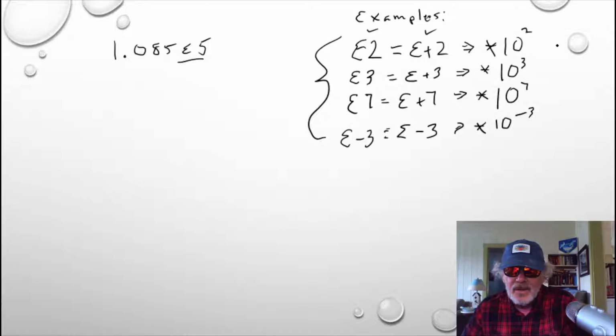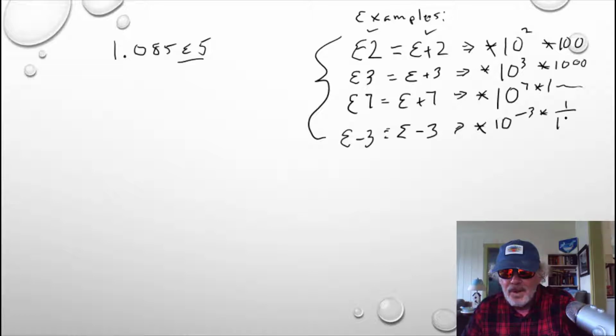Multiplying by 10 to the second is the same thing as multiplying by 100. Multiplying by 10 to the third is the same as multiplying by 1 followed by 3 zeros. Multiplying by 10 to the seventh is the same as multiplying by 1 followed by 7 zeros. And multiplying by 10 to the negative 3 is the same thing as multiplying by the inverse, or 1 over 1,000.